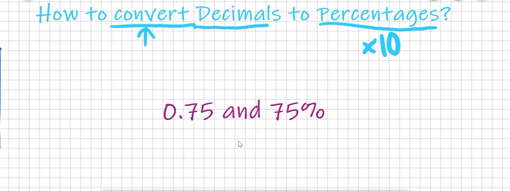So here we have the examples, 0.75 and 75%. Do you notice any similarities between these two examples? I'd like you to pause this video right now and see if you can find any similarities between these two examples.